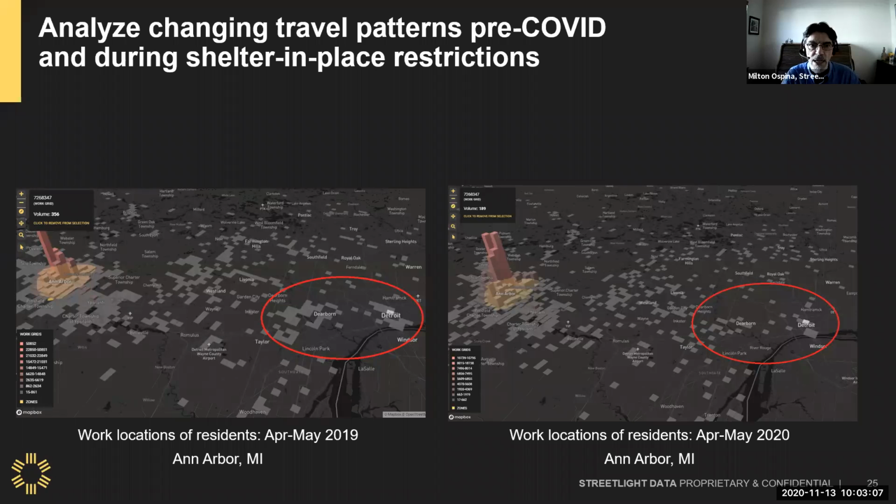This one relates a little bit to the previous presentation. These are looking at travel patterns during COVID-19. This was during the April-May period of last year versus April-May of this year in the Detroit Ann Arbor area.